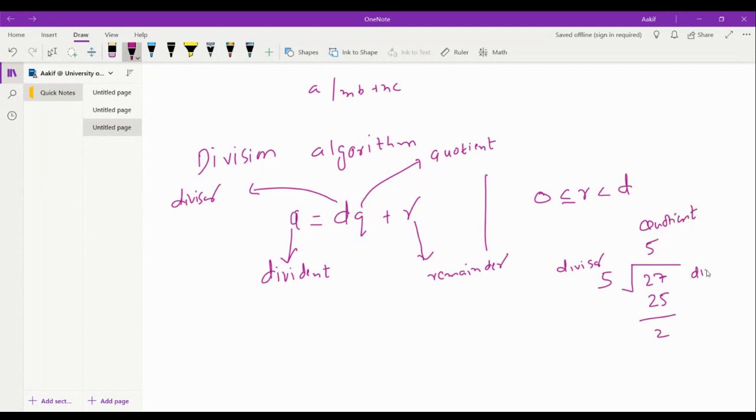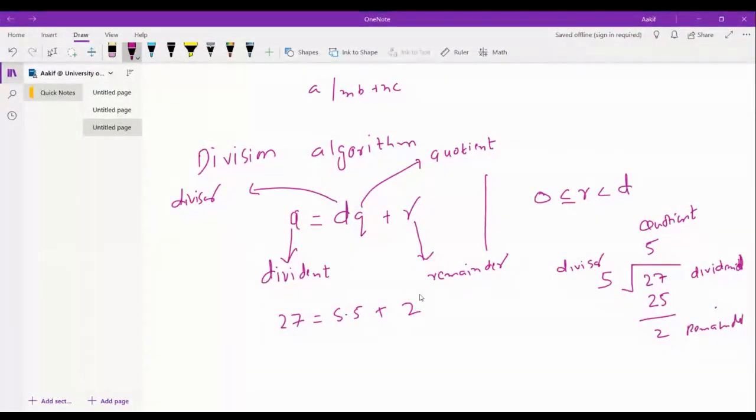This is the dividend, and this is the remainder. Now, if you were to represent it like this, we'll have 27 is equal to 5 times 5 plus 2.